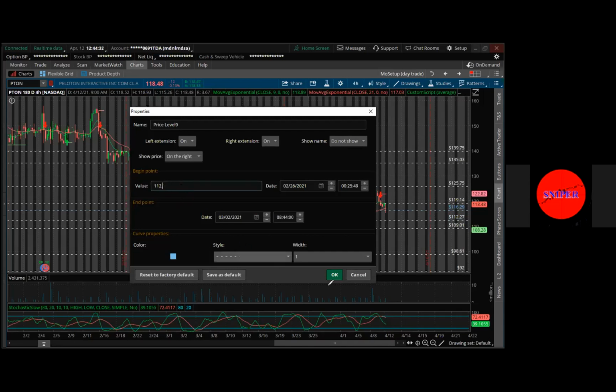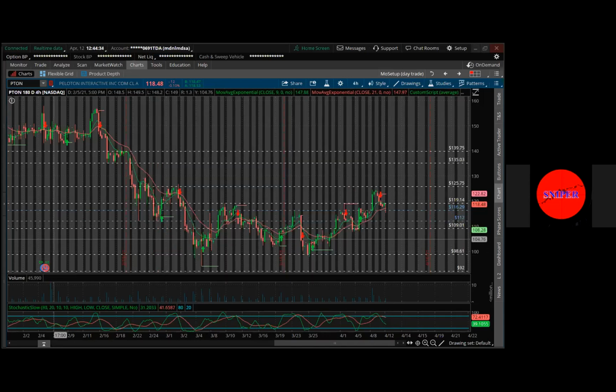All right. If you just keep two colors, one for the weekly and daily and one for the 4 hour and all the intraday time frames, you're not gonna be getting as confused, right? That's pretty much it for Peloton right now.